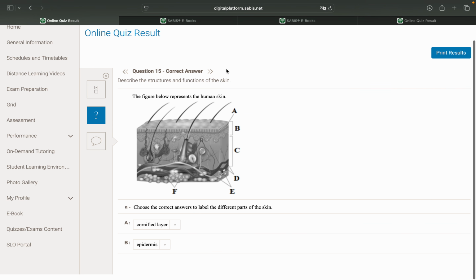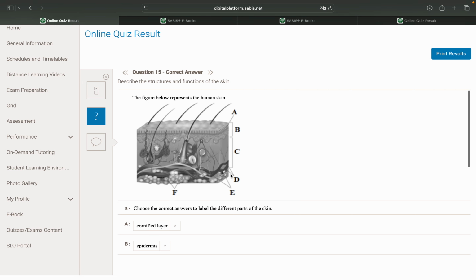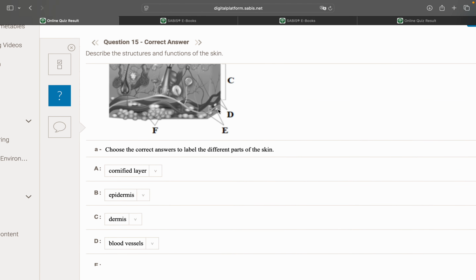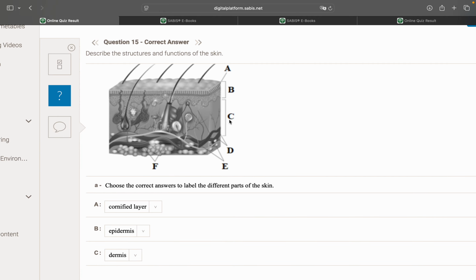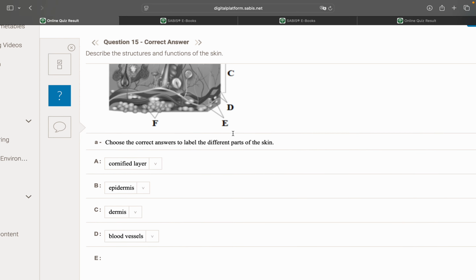Okay, here we have the human skin. So over here we have A. This is the cornified layer. B is the epidermis. The first layer of the skin is literally called epidermis. So, we learned that last year as well. The second layer of the skin under the epidermis is the dermis, as you can see here.